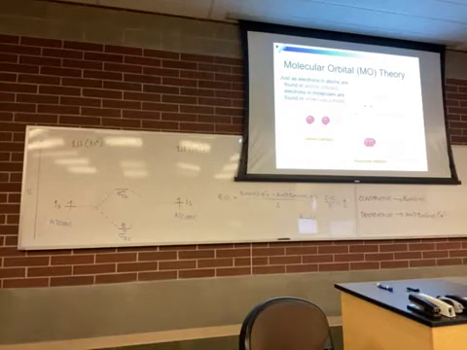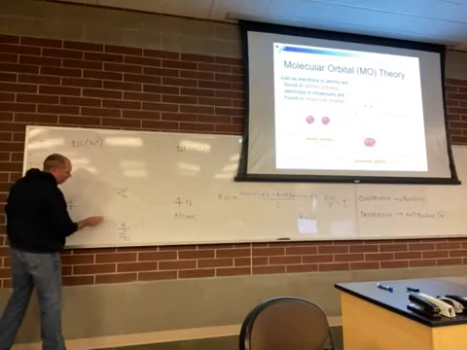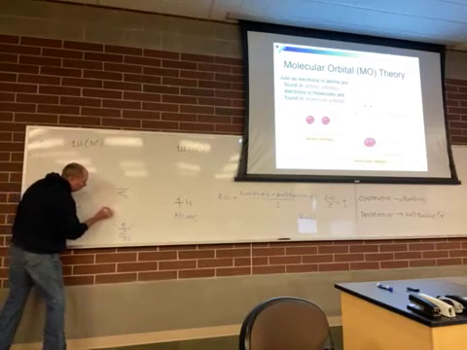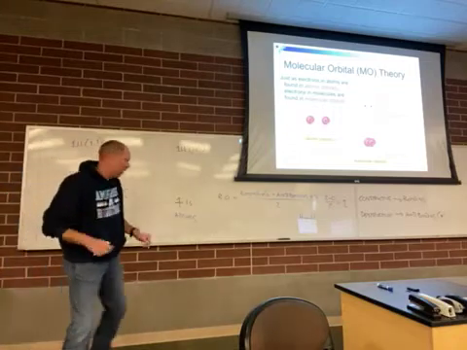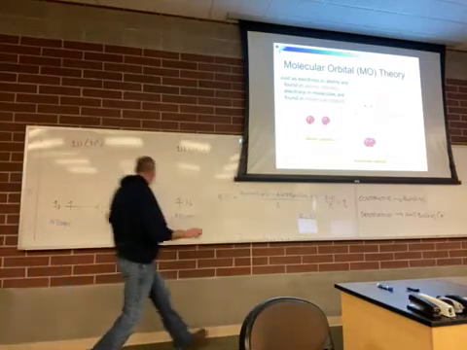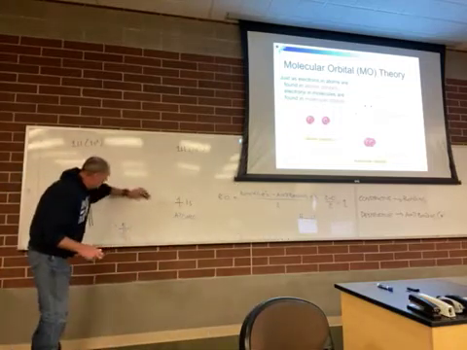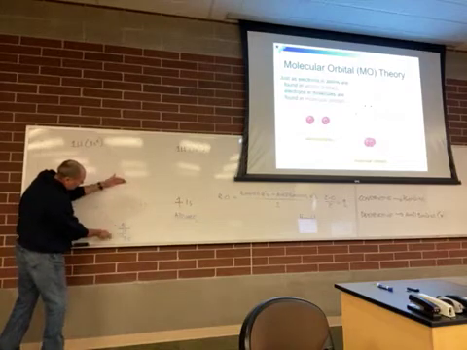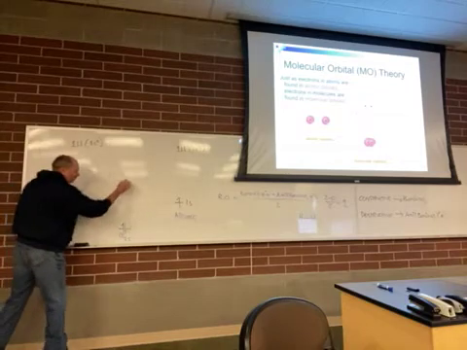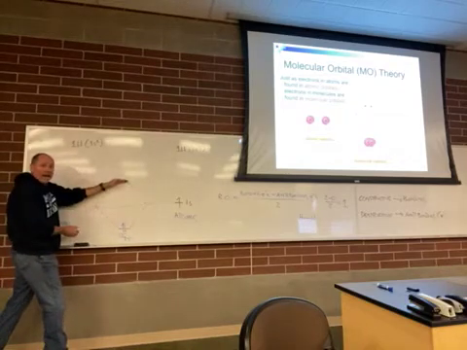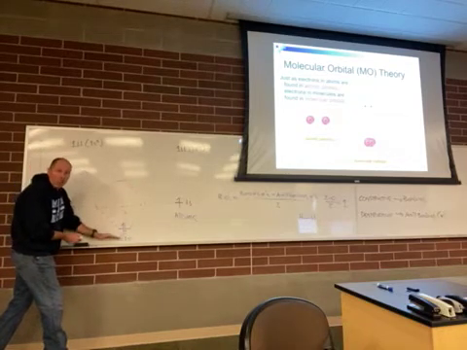We do know, and I have it drawn, that if you wanted to draw it correctly, this anti-bonding is going to be higher than that. So if I drew it up here, it's probably a little bit more accurate, and I can just exaggerate that. We do know that anti-bonding is higher and bonding is lower.